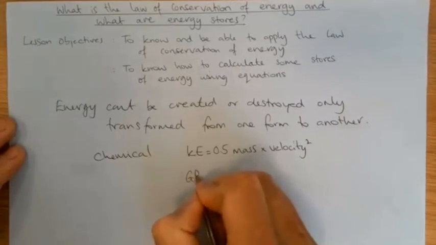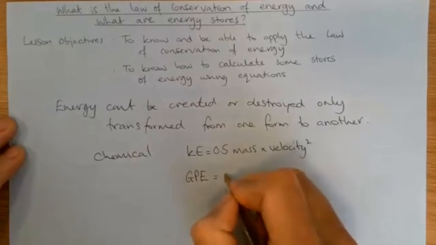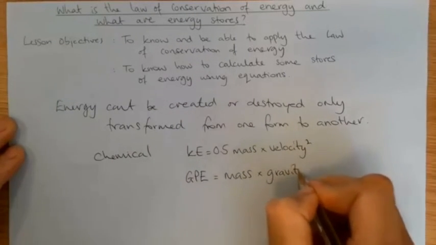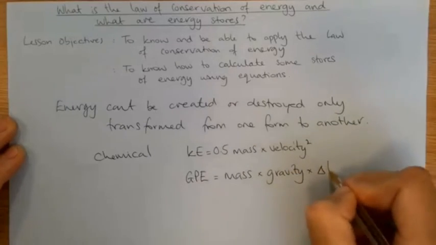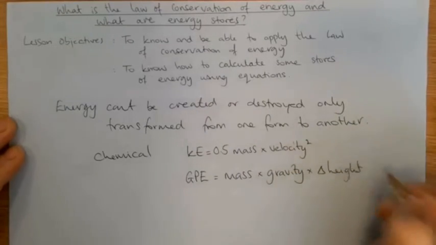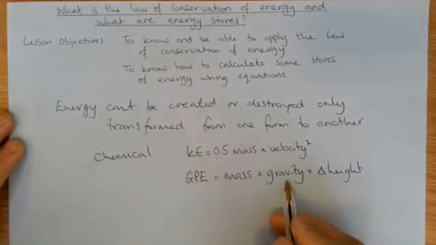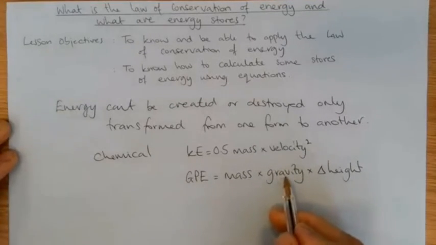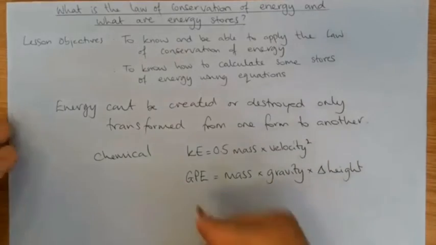We've considered the gravitational potential energy, which is mass times gravity times change in height. So that is if you've got an object that you lift in a gravitational field, then that's how much energy you will put in.